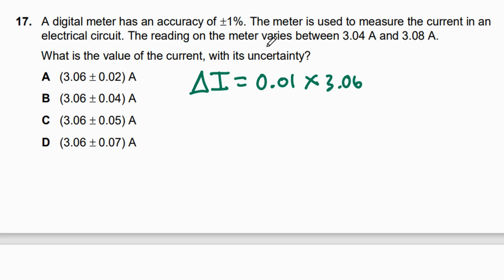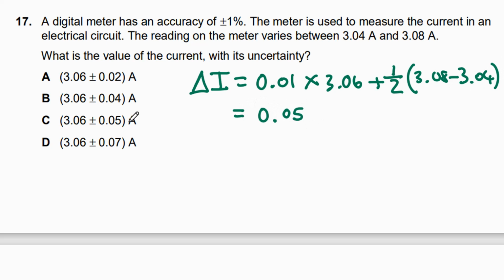But now since the meter varies, we have an additional uncertainty of half the range. So half the maximum value minus the minimum value. And on a calculator, this comes to approximately 0.05. So our answer here will be C.